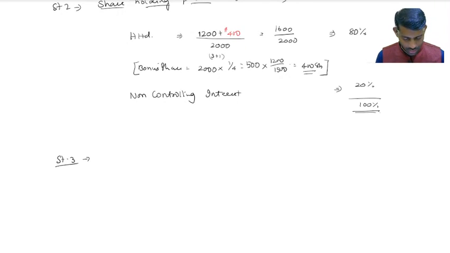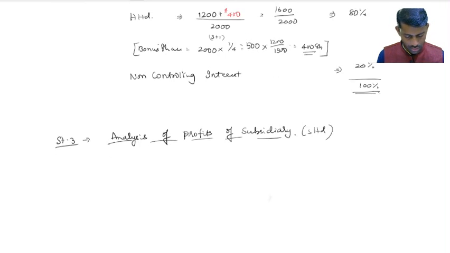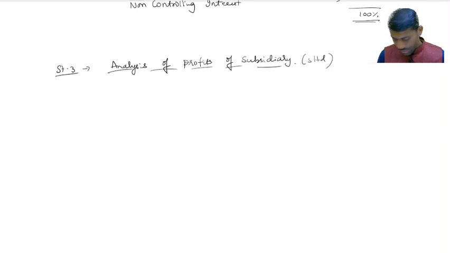Step number 3, analysis of profits of subsidiary. First analysis is always general reserve.